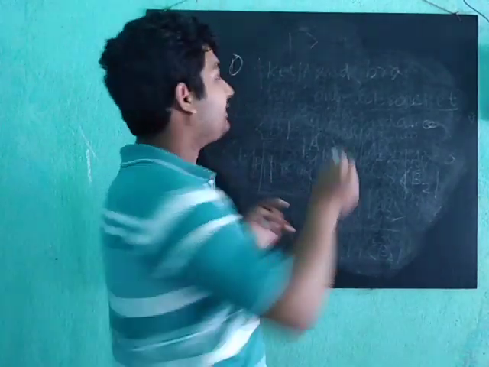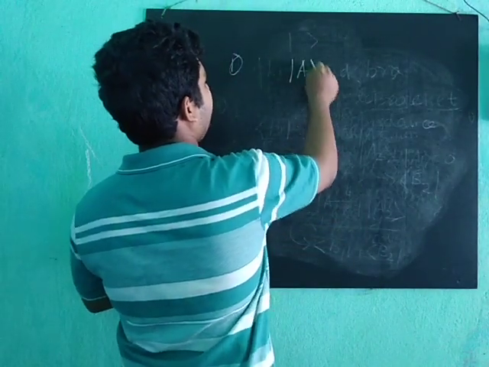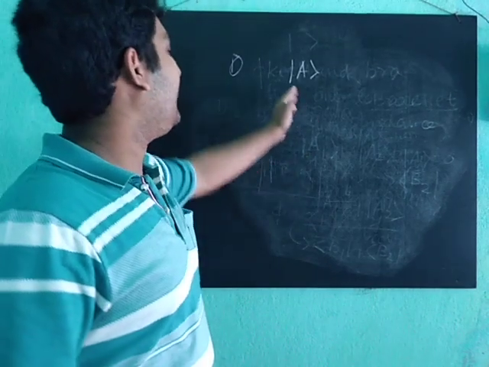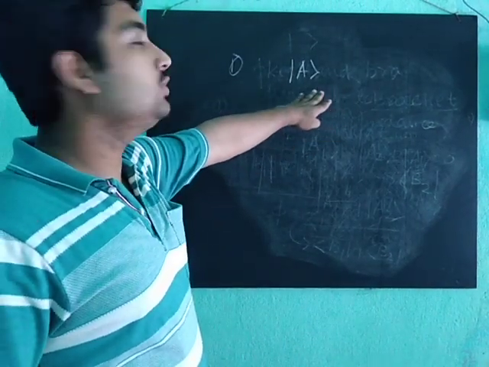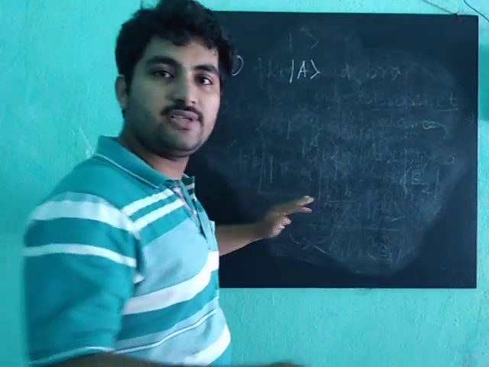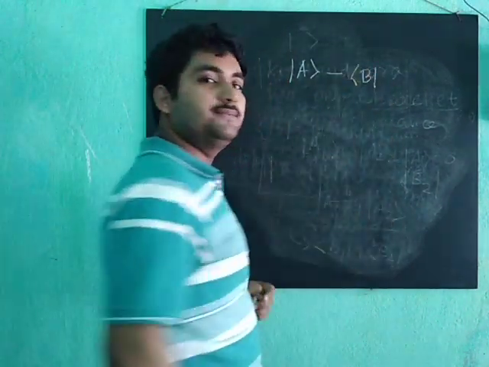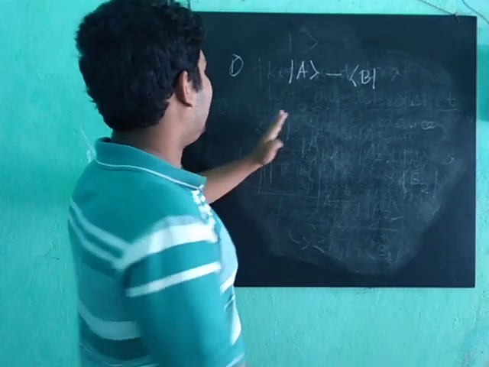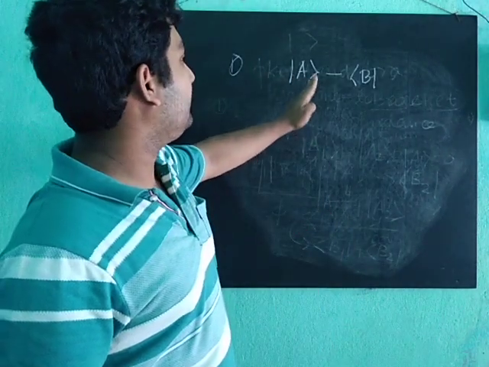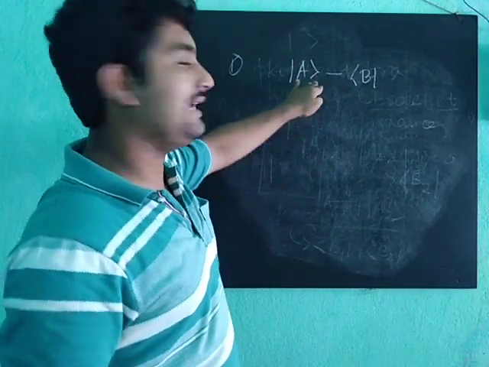Now the next assumption is that suppose I have a ket vector A, and the bra vector corresponding to this ket vector is B, and I multiply a complex number C with this ket vector.